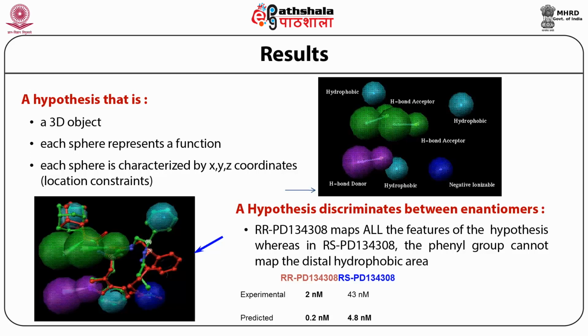The compound which was very active is RR, and that was predicted by the hypothesis model to be 0.2 nanomolar, and the experimentally found activity was 2 nanomolar. However, this is a test set, and the RS compound was predicted to be 4.8 nanomolar and turned out to be 43 nanomolar in experiments.